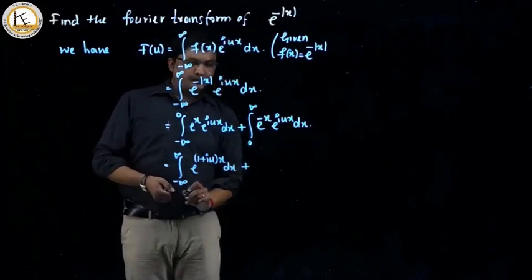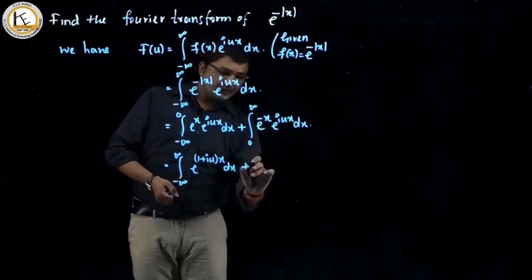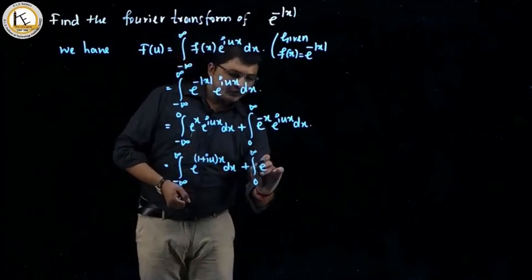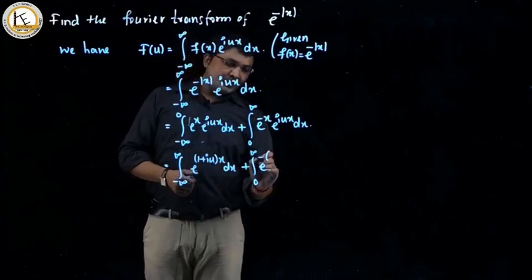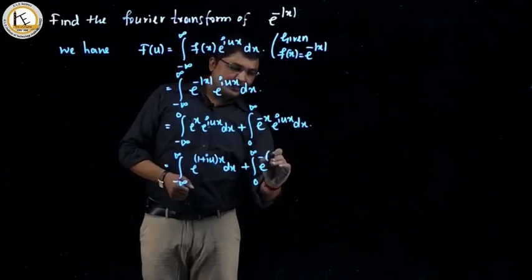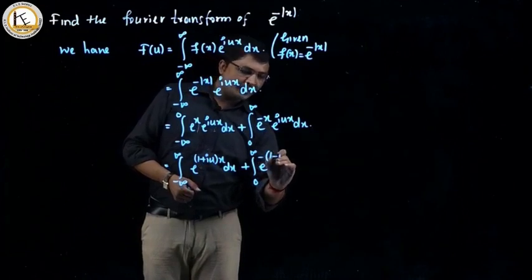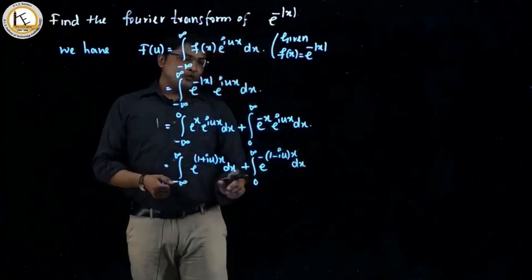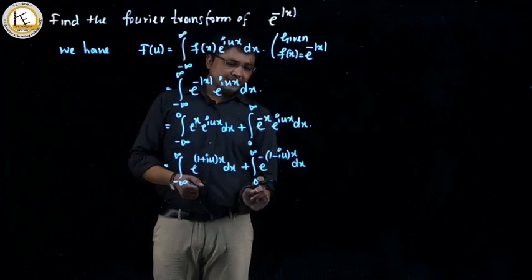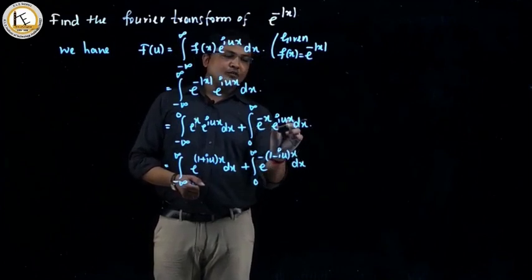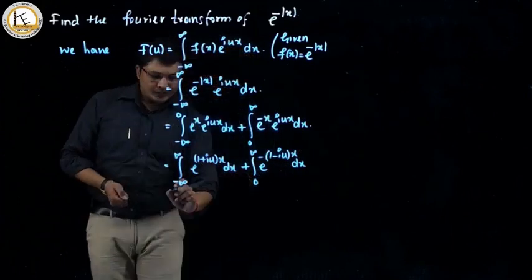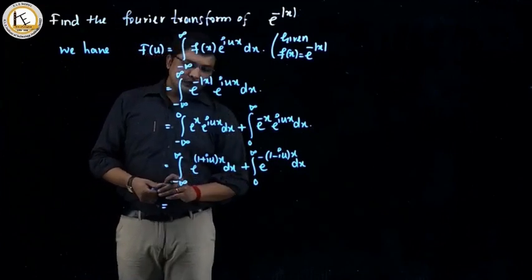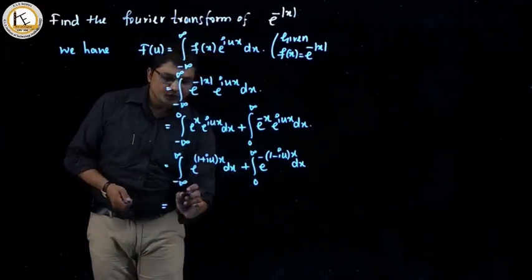Therefore we will simplify it as integral minus infinity to 0 of e raised to 1 plus iu into x with respect to x, plus integral 0 to infinity of e raised to, I will take minus sign outside, so inside the bracket it will be 1 minus iu and x outside, with respect to x.